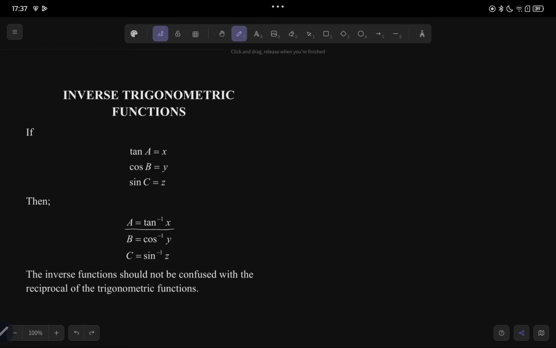Now this inverse function should not be confused with the reciprocal of trigonometric functions. For example, 1 out of cos y is sec y, but not cos inverse of y.